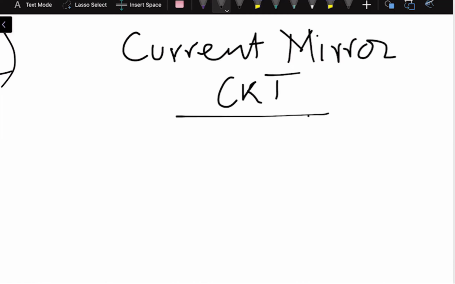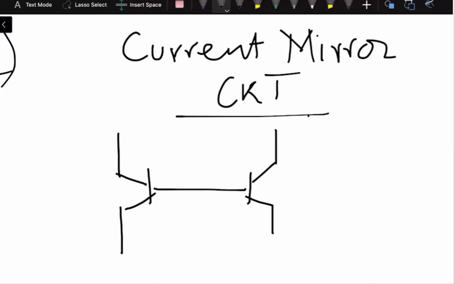Okay, in this circuit we have basically two transistors. They are attached in such a way that we are applying voltage VCC.